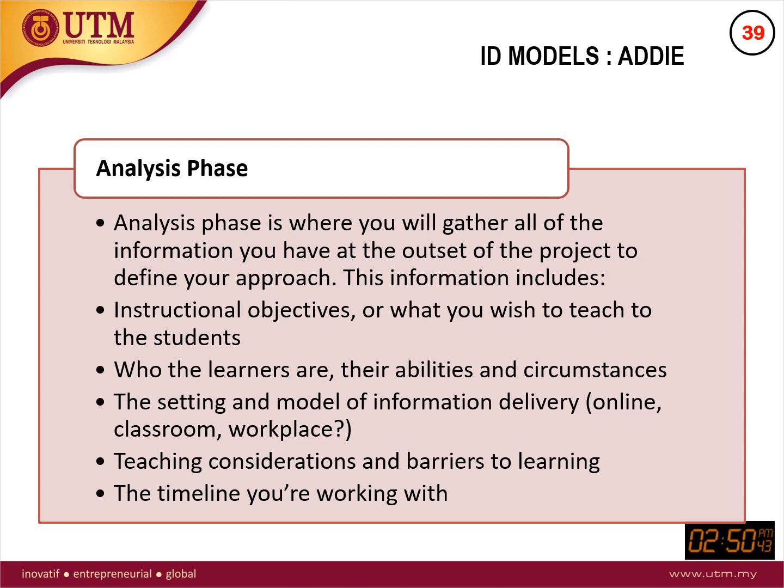The first phase, which is analysis, we need to analyze and gather information about what we have to set up the project to define our approach. Instructional objectives, we need to define the objectives. We need to analyze the learners' needs. What do they actually need to learn before we consider using the appropriate media, for example, or teaching approach.